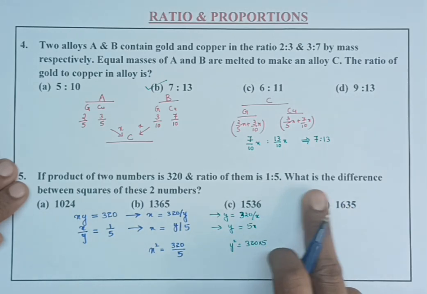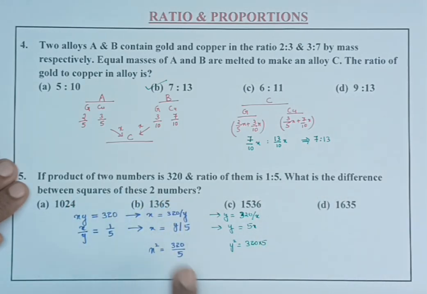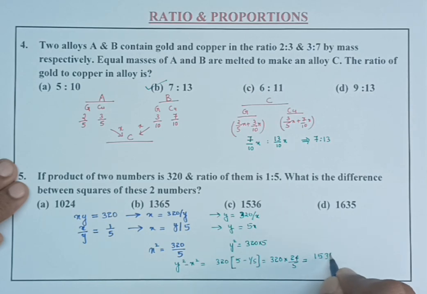Now we were told to find the difference between the squares of these two numbers, that is y square minus x square, which is equal to, taking 320 common, 5 minus 1 by 5, that is 320 into 24 by 5. The answer will be 1536.